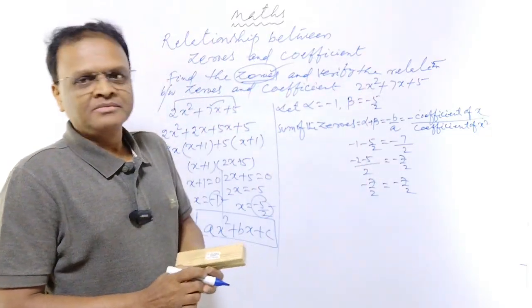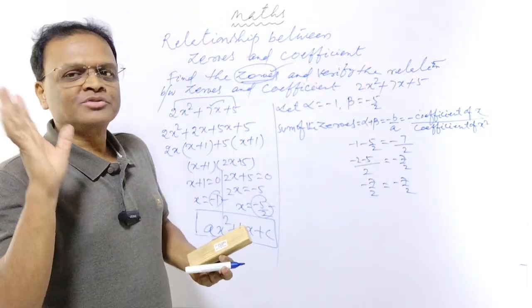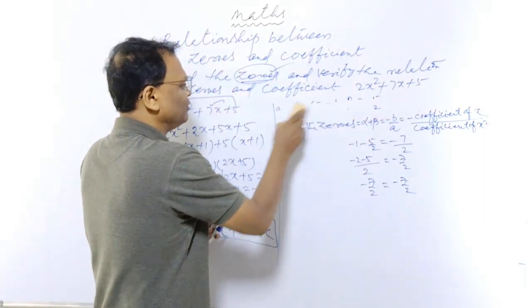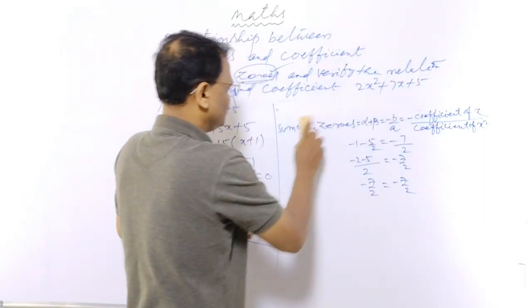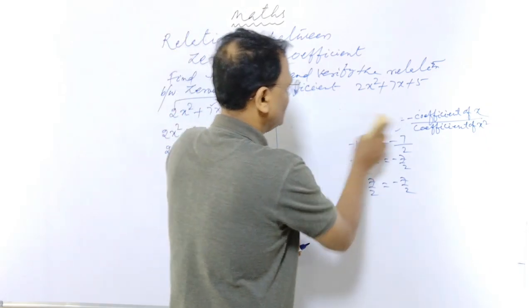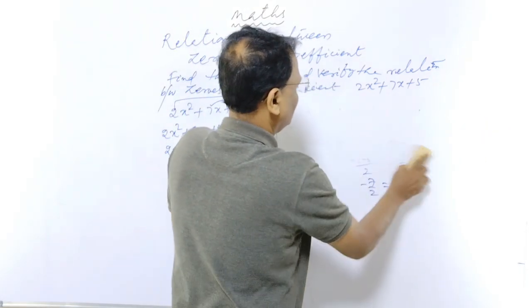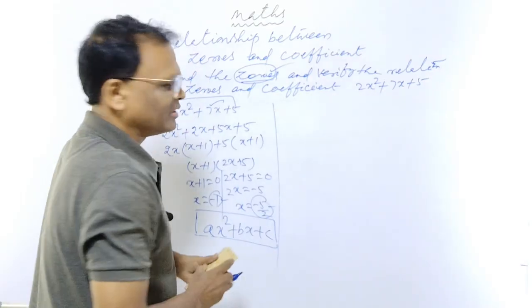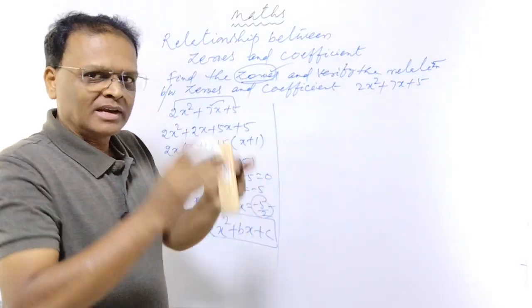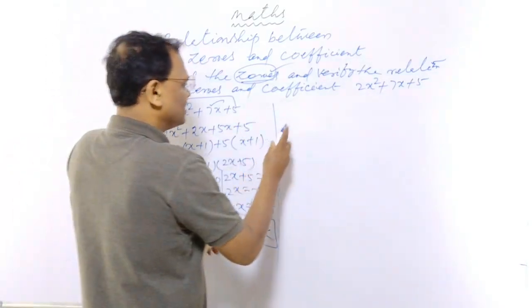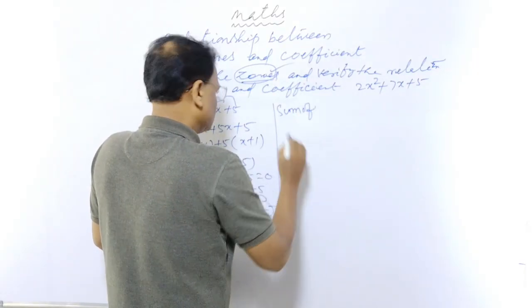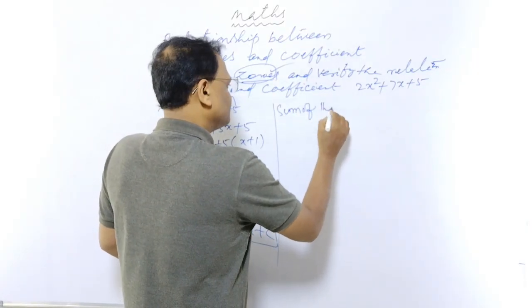Now, if anyone gets confused, the simplest thing is don't write all this. There is a very simple way you can do it without any doubt. Only the formula you have to remember. What is the formula? I combined both, now I write the simple formula. This one is the heading: sum of the zeros.